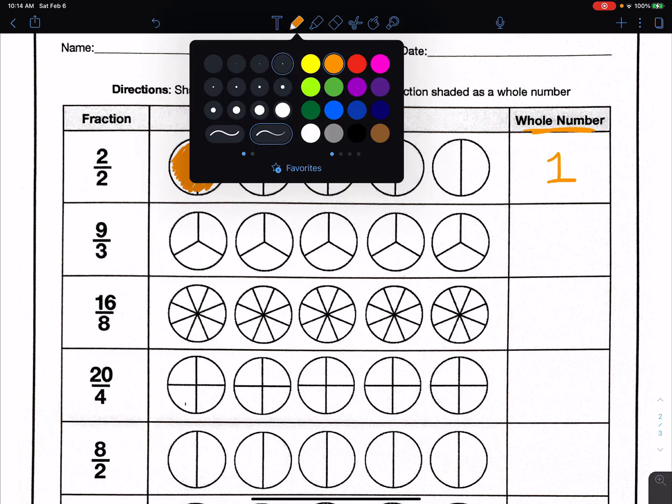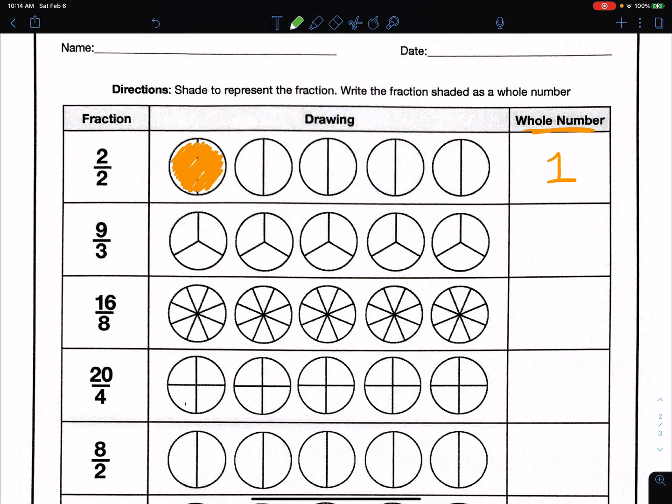All right, now let's look at this 9 over 3. Well, I know my denominator is the number of pieces each circle is cut into. So I can see that, okay, but this 9, I need to count 9 smaller pieces to shade in. So I am going to number them 1, 2, 3, 4, 5, 6, 7, 8, 9.